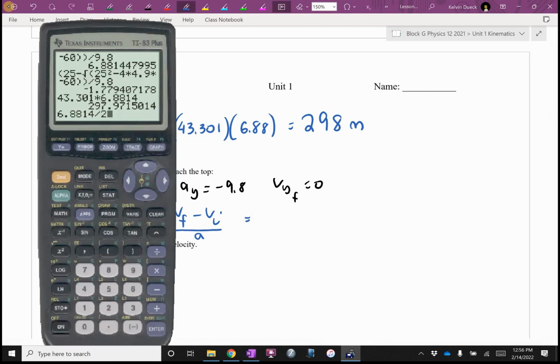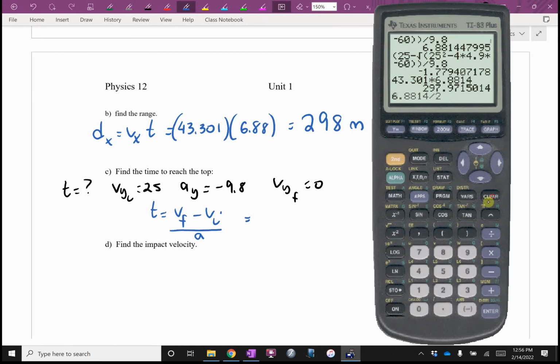It's going to be 0 minus 25 divided by negative 9.8. Try that again. And I get 2.55 seconds.